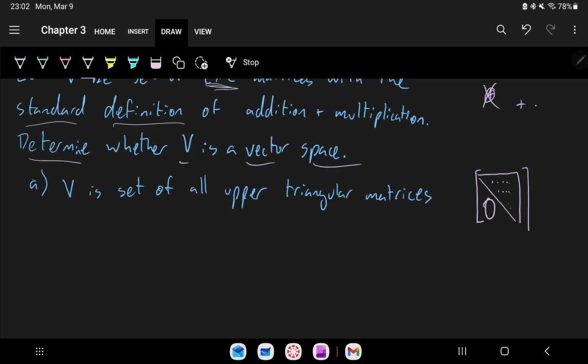So if you're first looking at a question like this, I can completely understand where you might be daunted by these prove questions. Determine whether V is a vector space is essentially saying prove that it is or prove that it isn't.